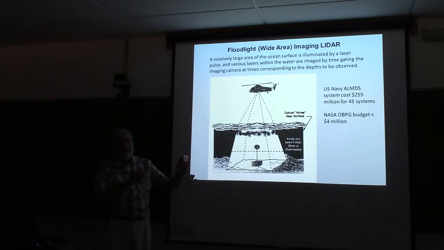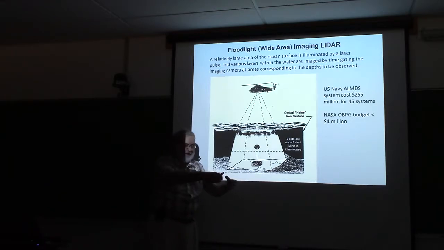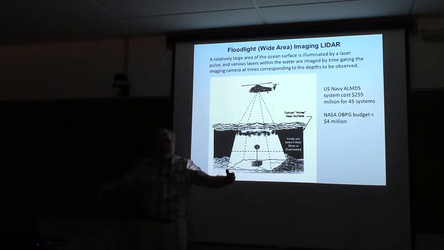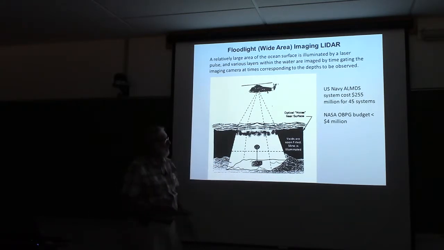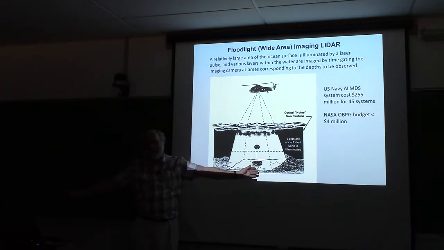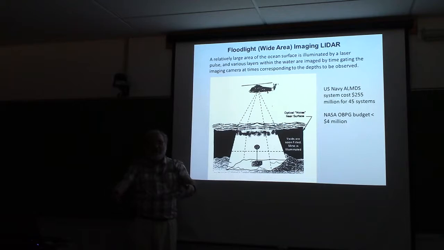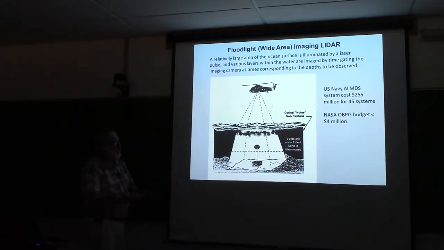That doesn't count the helicopter. You have to have your own helicopter. There's a little pod that's about this big around and this long, and you just hang it on the side of your helicopter or airplane and fly around and look for mines. So that's $255 million. Wardell said their budget was between $3.5 and $4 million for everything that the Ocean Biology Processing Group does, bringing you data from a dozen different satellites overnight. So that puts it in perspective.